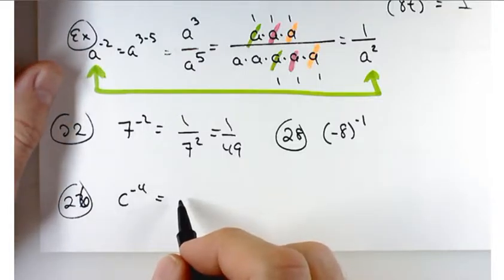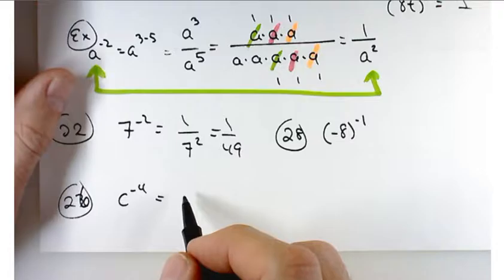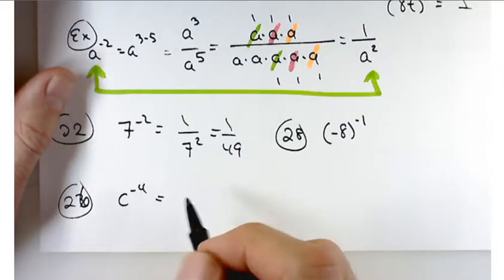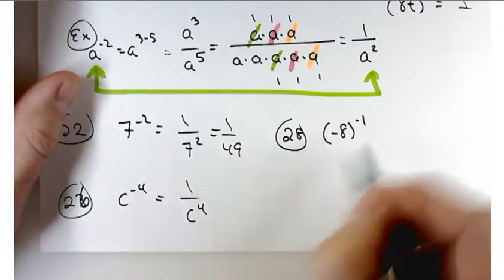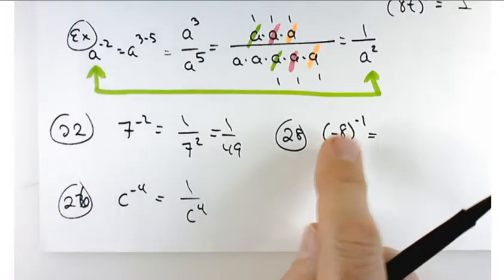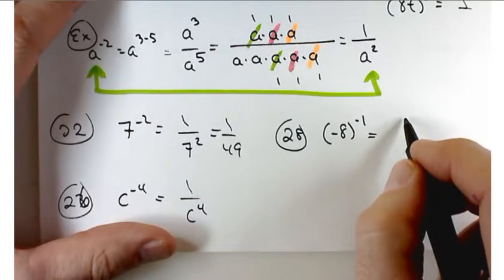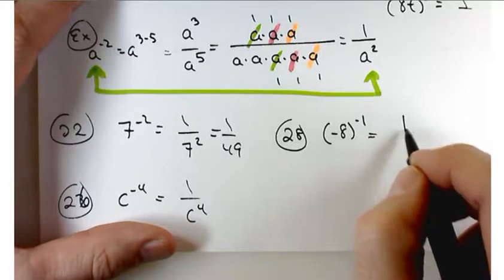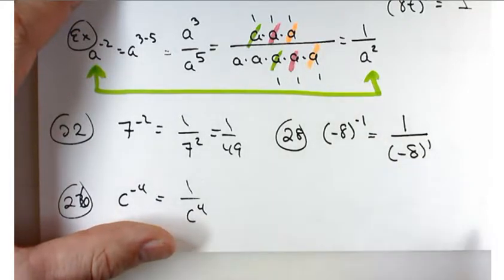What's that going to look like? 1 over c to the 4th power. Good. Madison, up front. How about the second one? Good. 1 over negative 8.